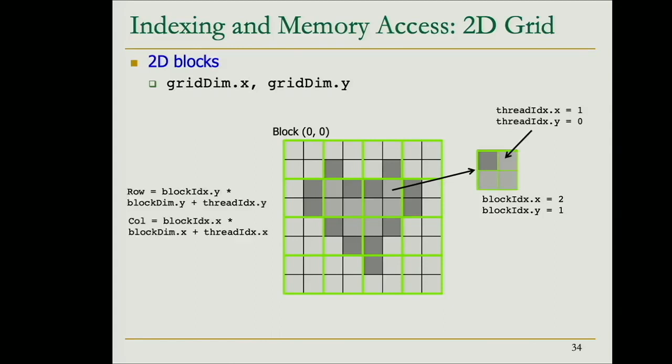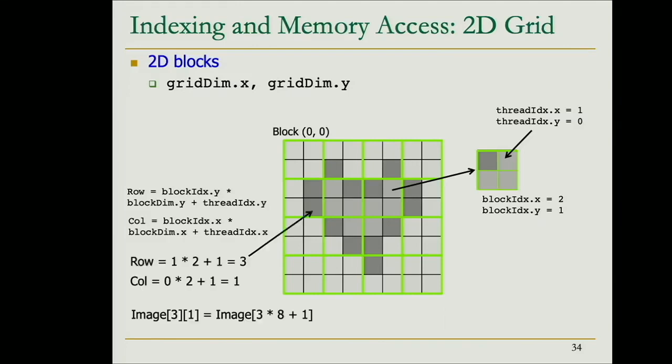If we want to access a specific element in a specific row and column of the image, the expressions that we need to use are these ones. You see? blockIdx.y times blockDim.y plus threadIdx.y to determine the row here. I hope this is clear. If it's not, it will take you 30 more seconds to look at it yourself.